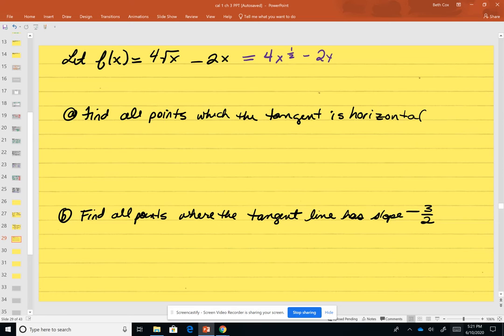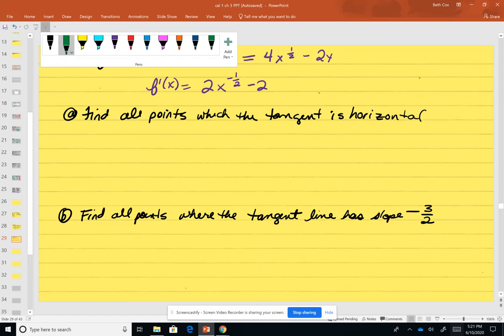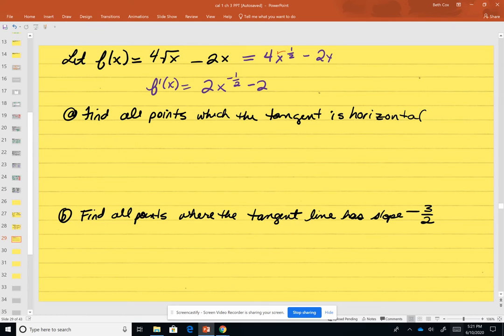Okay, so now we're going to do the derivative. All right, so we're going to get 2x to the negative 1/2 minus 2. Now, where did that come from again? Let's just refresh. All right, so we do 1/2 times 4, that's half of 4, which is 2.